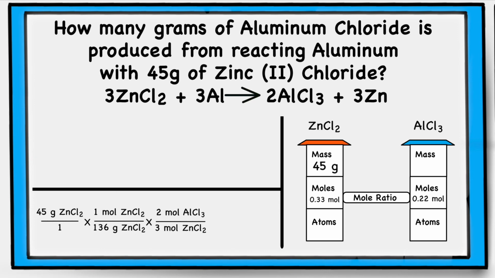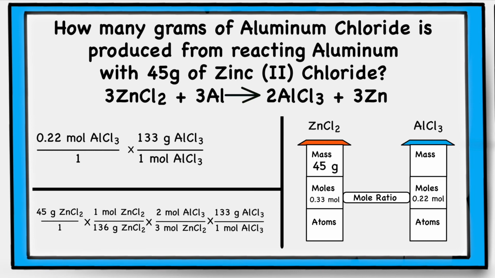Finally, our last step is to convert our moles of aluminum chloride to grams of aluminum chloride by using the relationship of 133 grams of aluminum chloride over 1 mole of aluminum chloride. This gives me 29 grams of aluminum chloride formed from our original 45 grams of zinc 2 chloride. You can see with our shorthand way, if we multiply our tops and bottoms and divide them out, we still get 29 grams of aluminum chloride.